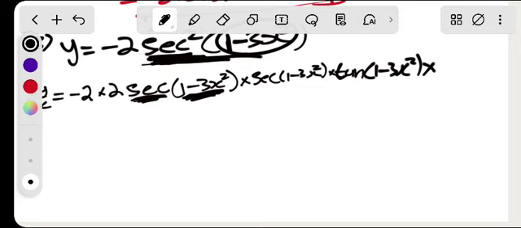You drop the exponent there, it will be negative 6x. So this will be simply equal to multiplying this by negative 6x, like that.